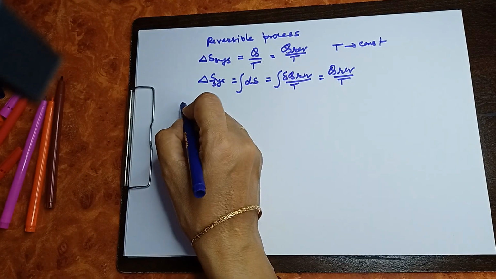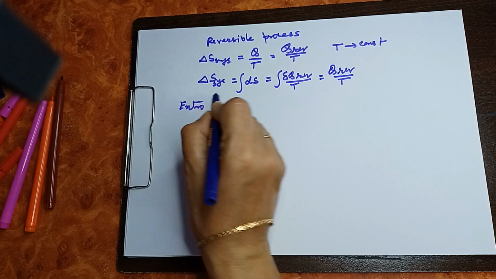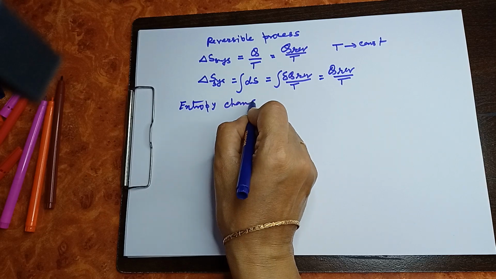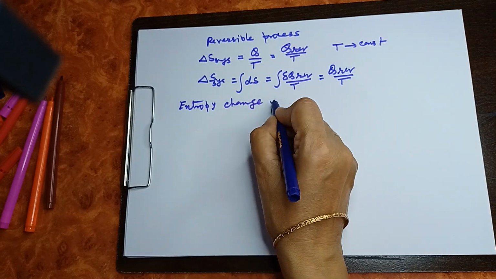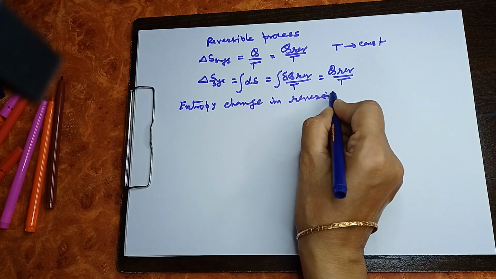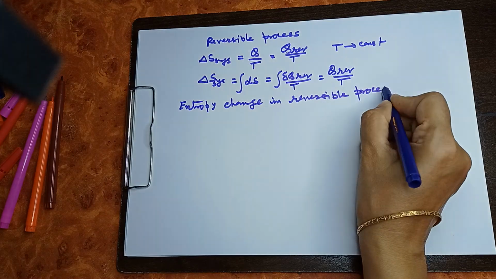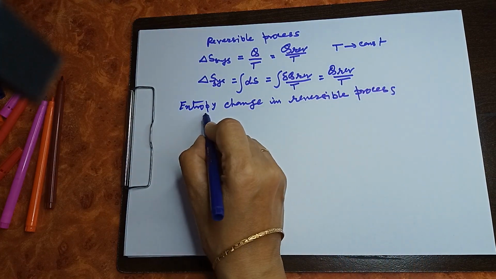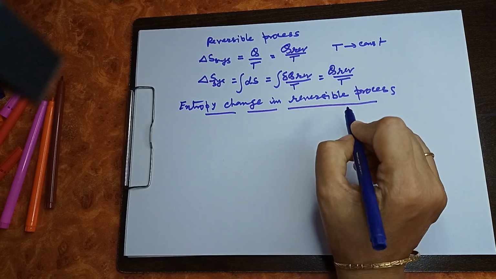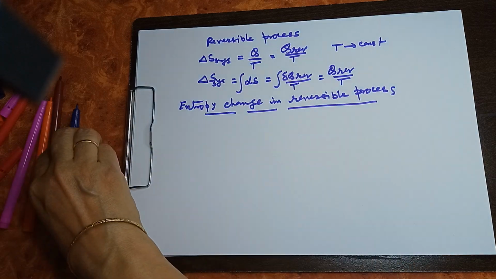Now coming to the entropy change in a reversible process. Here, entropy change means the entropy change of the system as well as the entropy change of the surroundings.